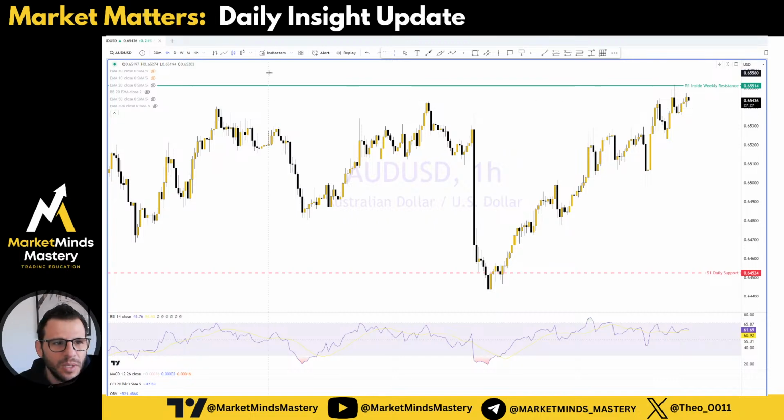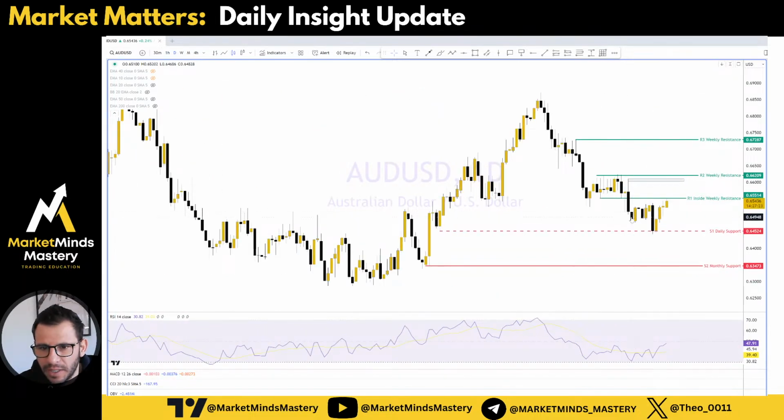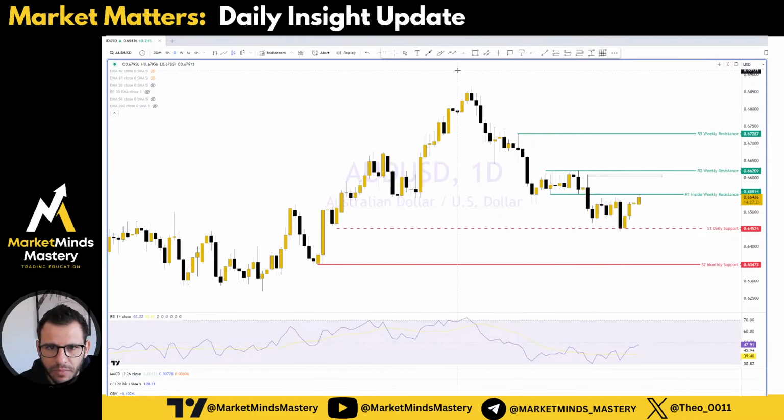So we can start with the Australian dollar against the US dollar. On the daily chart, I think we are missing the drawing tool. Just 1 second, please. Here it is.